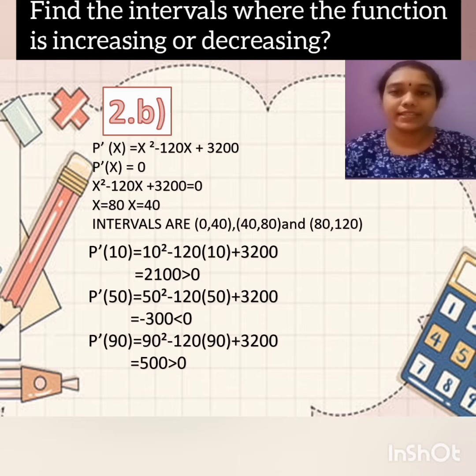2b. Find the intervals where the function is increasing or decreasing. When we want to find whether it is increasing or decreasing, we set P prime of x equal to 0, where x square minus 120x plus 3200 equals 0. We can find that x equals 80 and 40.